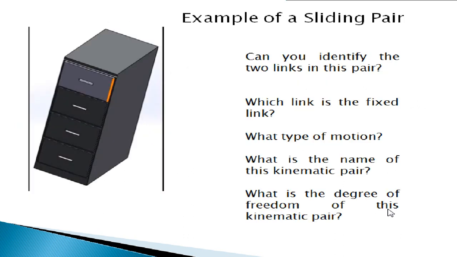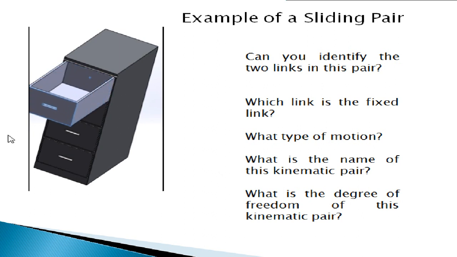Let us see here an example of a sliding pair in real life. This file cabinet is kind of tilted and it's falling down. Excuse me for that. I should have kept it in the vertical orientation, but let me try to animate it. You can see what this drawer is doing. It is coming out and going in.